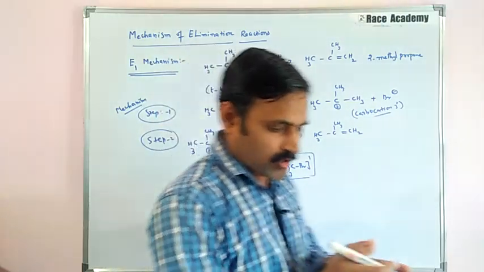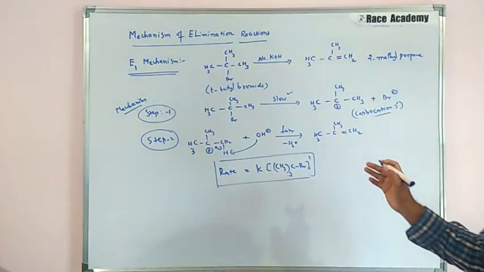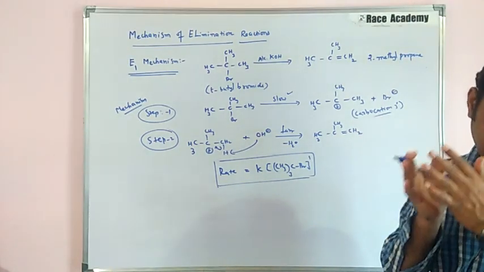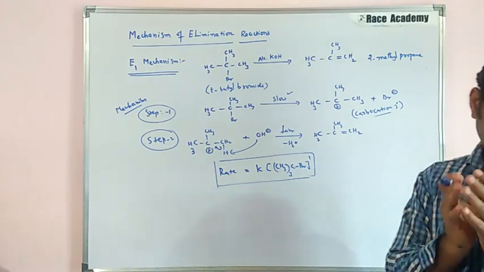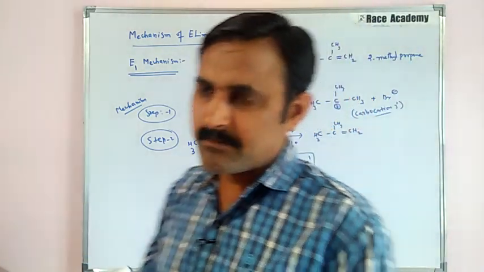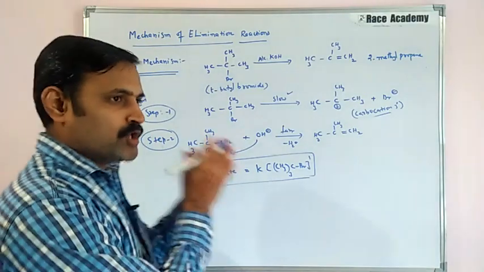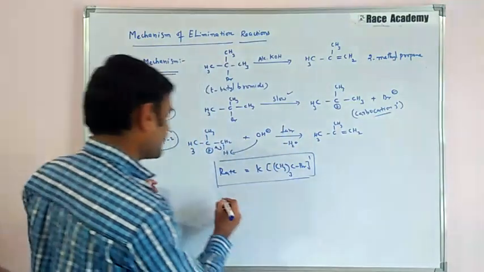That's why the reaction is first order, and the rate depends only on the concentration of tertiary butyl bromide, not on the base, potassium hydroxide. Hence it is a unimolecular reaction.